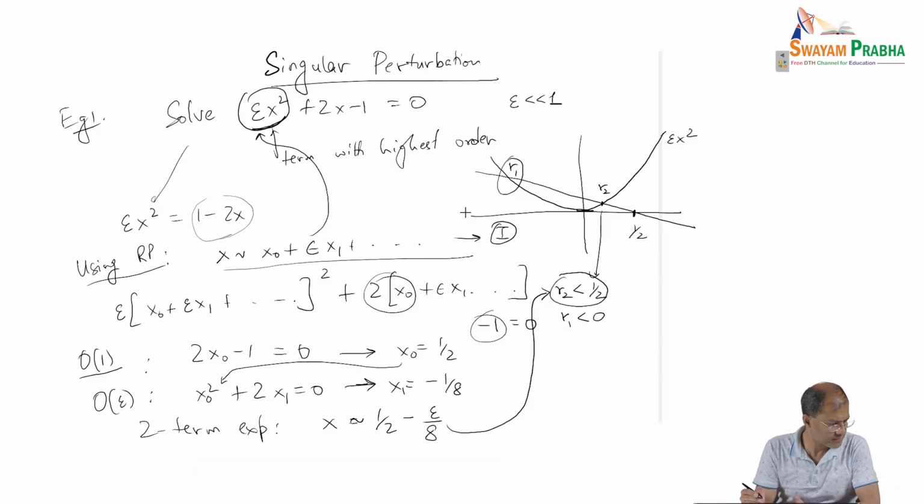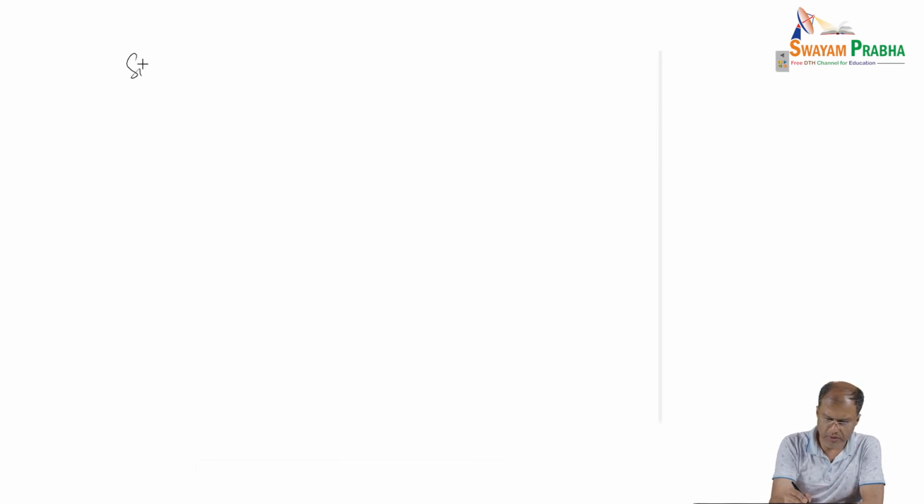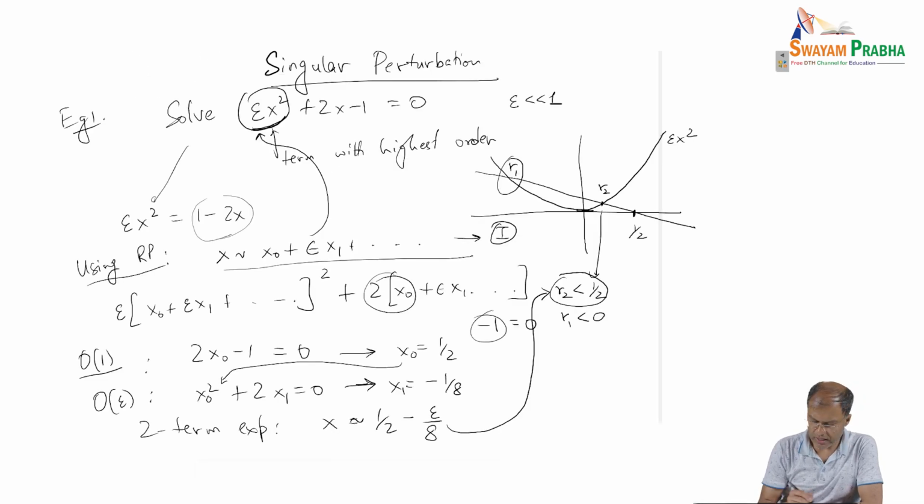Okay. So then let us now start with the method of singular perturbation. The idea is that singular perturbation relies on the fact that the highest order term is a multiple of epsilon, right?